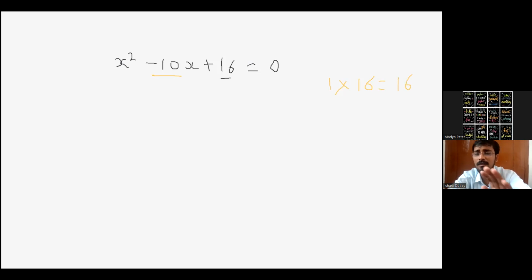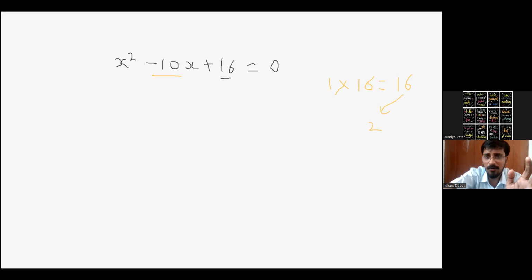Now I have to split my 16. I have to divide my 16 in such a way that when I do multiplication, I should get 16. Again, I will repeat. Suppose I divide 16 into two parts, like 2 and 8.